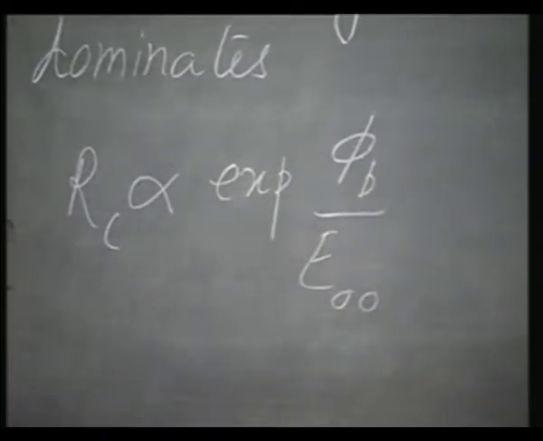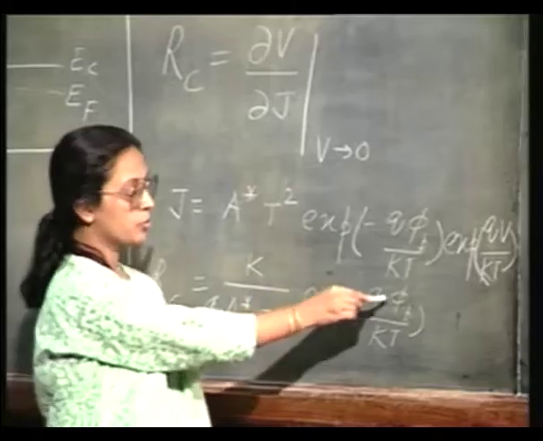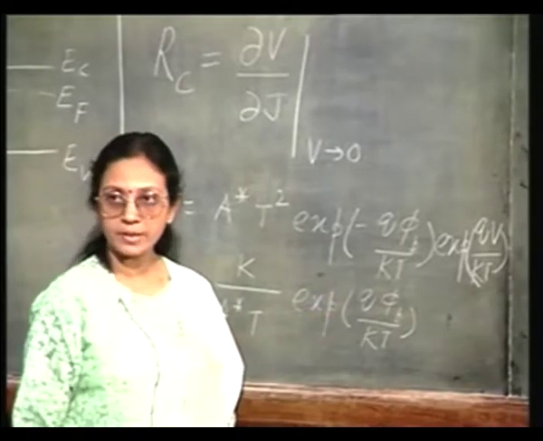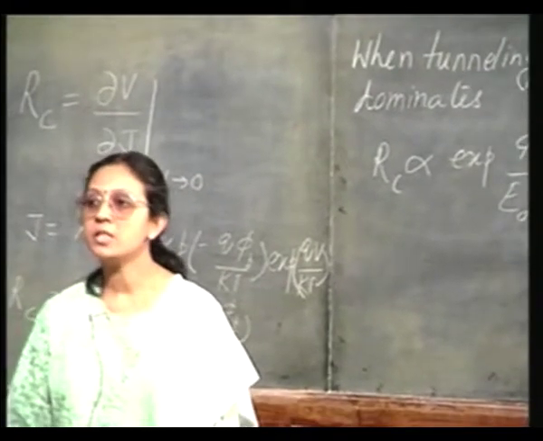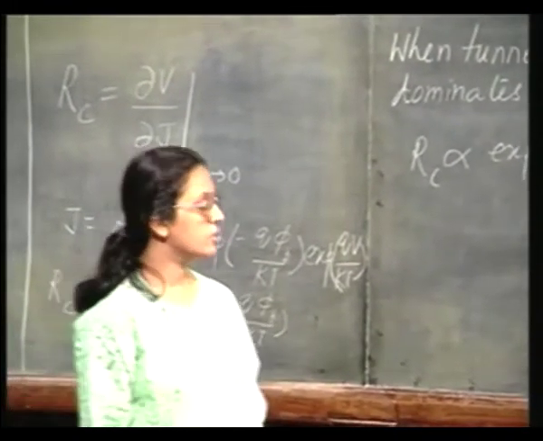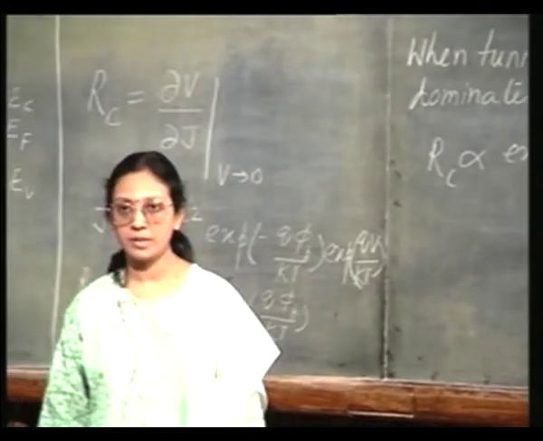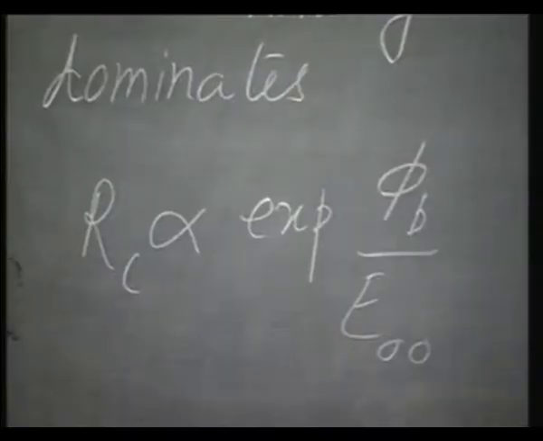When tunneling dominates, instead of R_C being proportional to exponential phi_B by kT, it becomes proportional to exponential phi_B by E00, where E00 is the tunneling parameter, which is related to the doping concentration of the semiconductor.